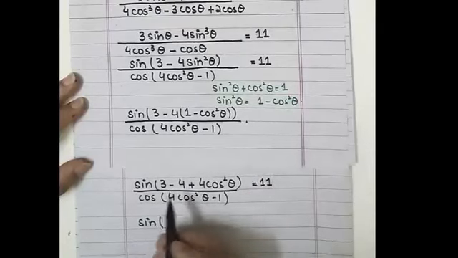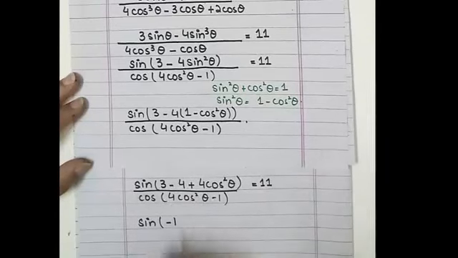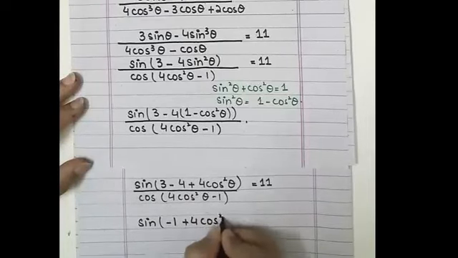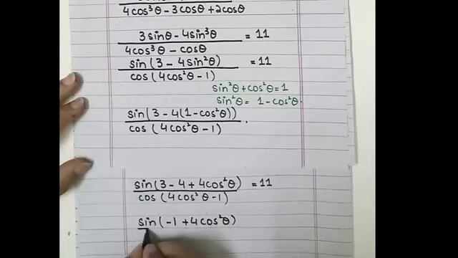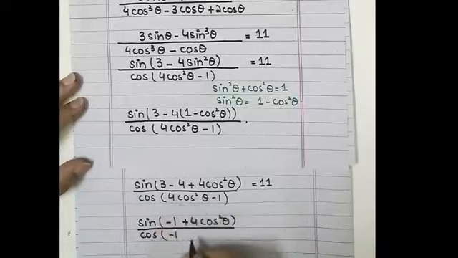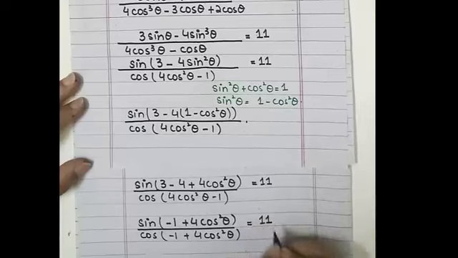Now 3 minus 4 is equal to minus 1 plus 4 cos square theta, divided by cos theta times minus 1 plus 4 cos square theta, equal to 11.